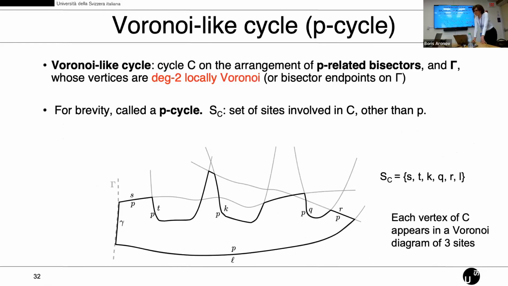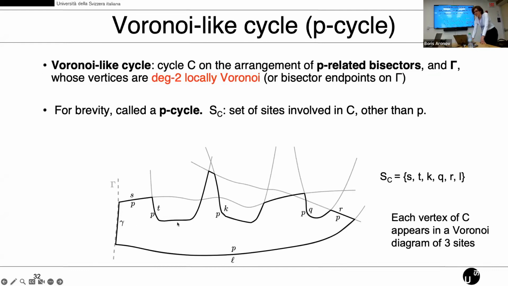So let me define a Voronoi-like cycle. A Voronoi-like cycle is something almost like a Voronoi region boundary. It is a cycle in the arrangement of bisectors related to the site P and gamma, whose vertices are locally Voronoi of degree P. Here you see such a Voronoi-like cycle.